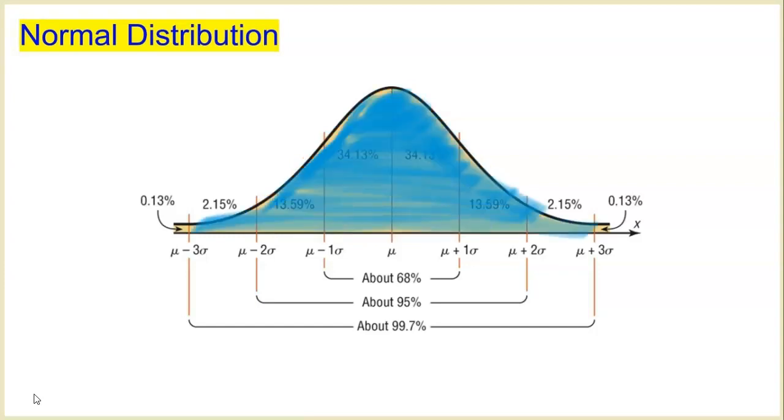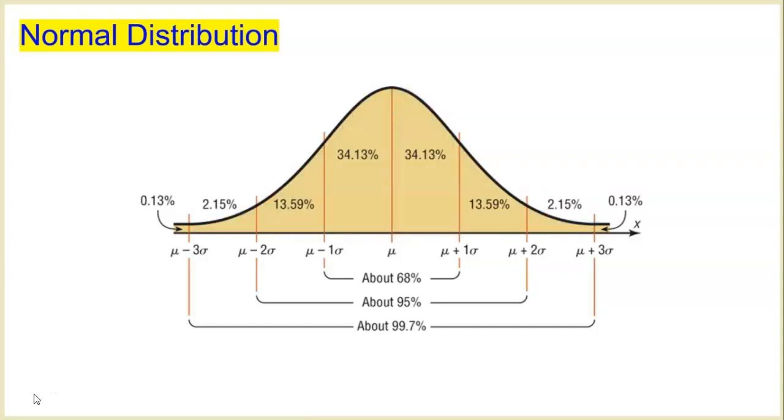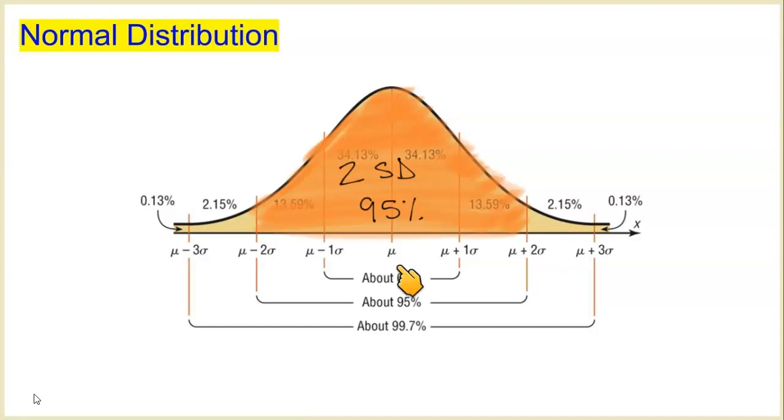So if we look at a distribution that's normally distributed, and we'll look at some examples later, we can guarantee that as long as the distribution can be modeled by this bell-shaped symmetrical distribution, 95% of all the data within that distribution lies within 2 standard deviations of the average value, where the average is in the center.